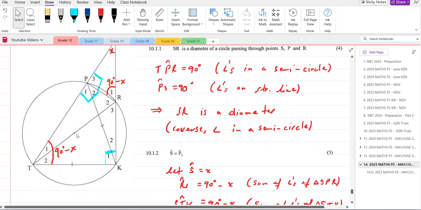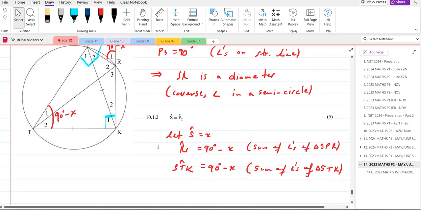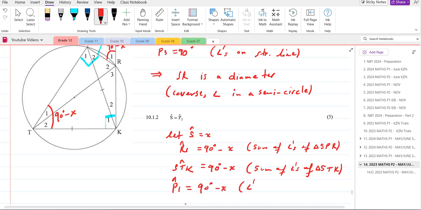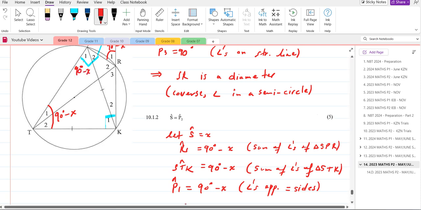But now you can clearly see that this is 90 minus X, and that is 90 minus X. Now remember this was an isosceles triangle, so angle P1 is also 90 minus X, because angles opposite equal sides. So we got enough information.